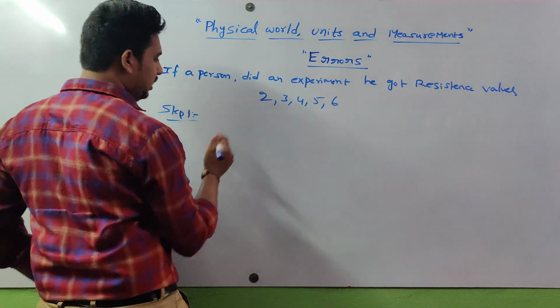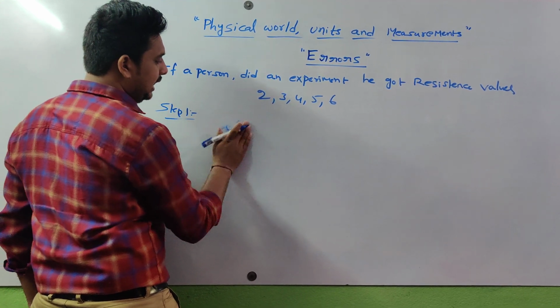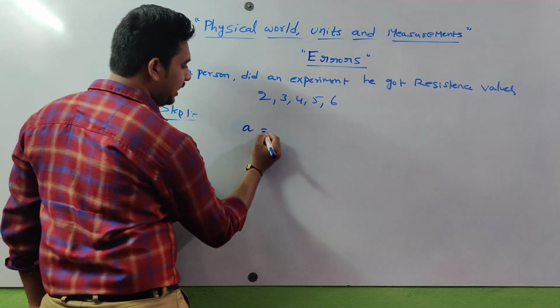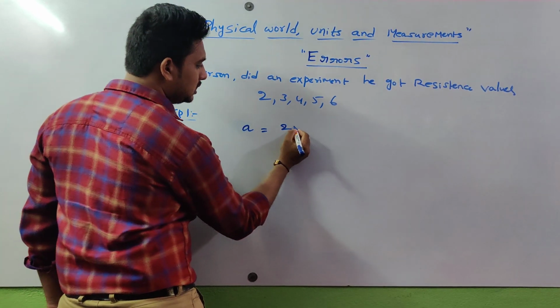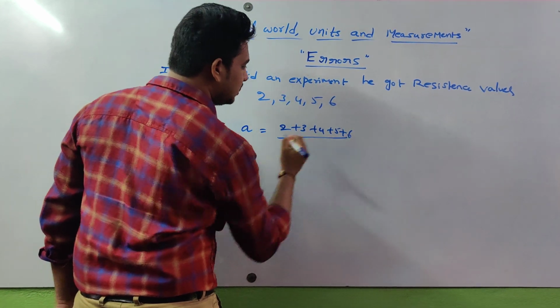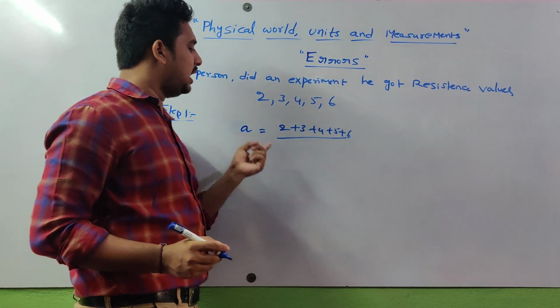I'll consider the average of readings as A bar. How to find the average? Sum of the numbers divided by the total number of numbers is called average.